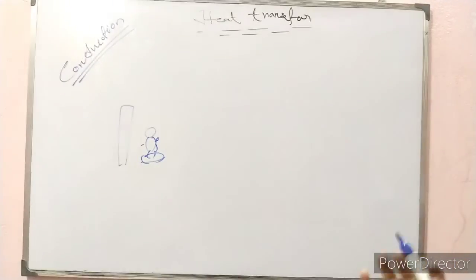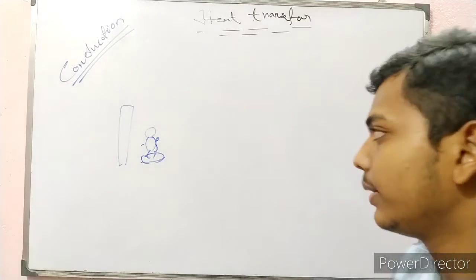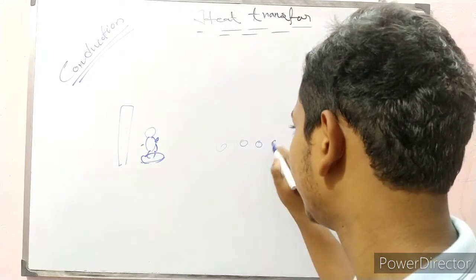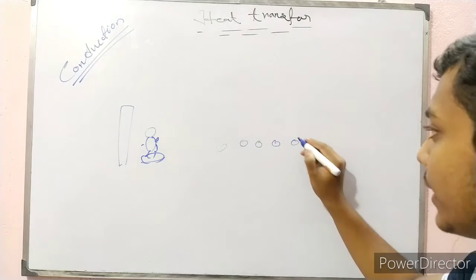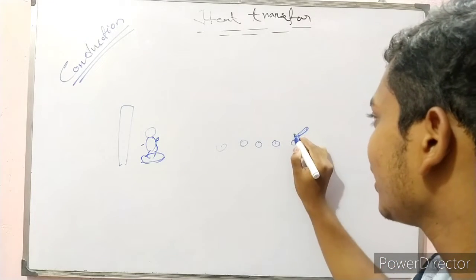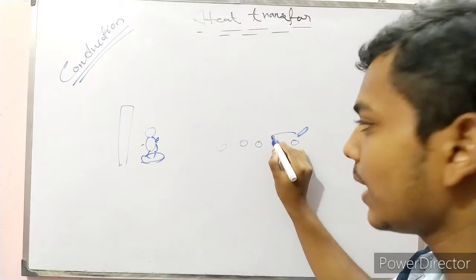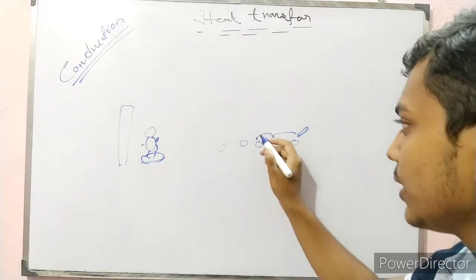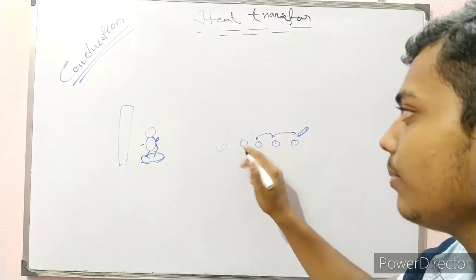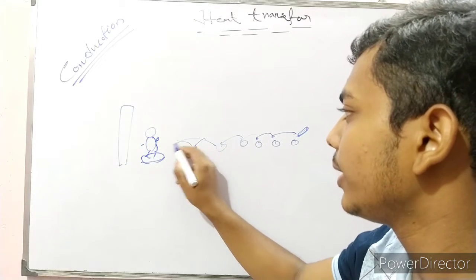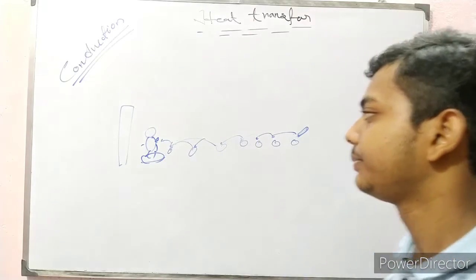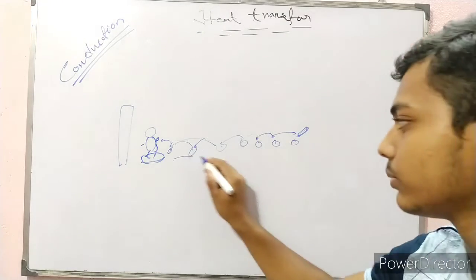So there are three ways to give the pen. The first way: if this person has the pen, he will give it to the next one, and he will give it to the next, and so on, until it reaches the teacher. That is the first process.